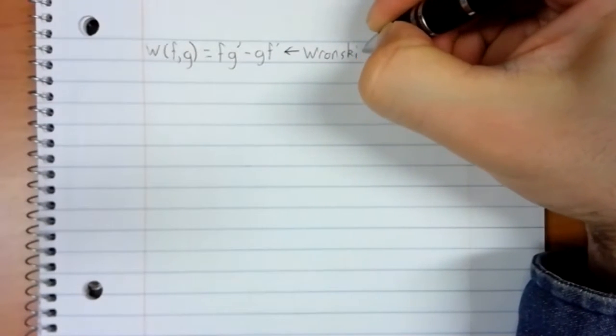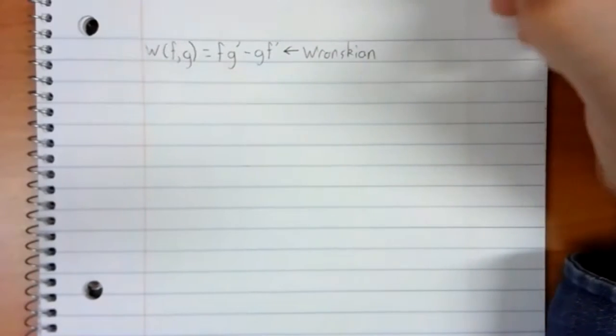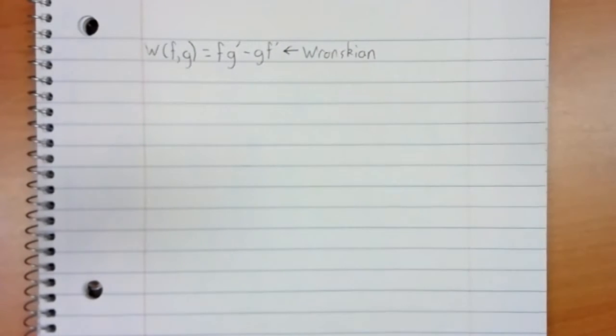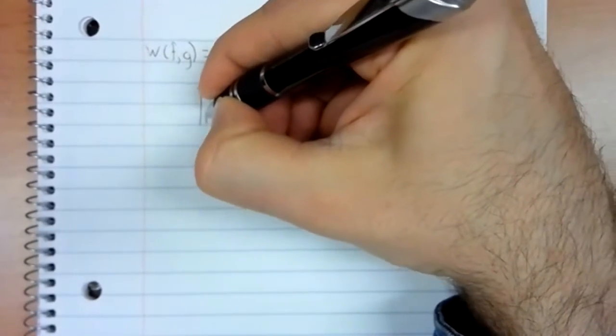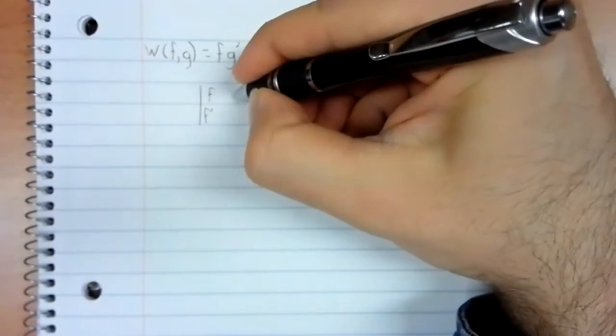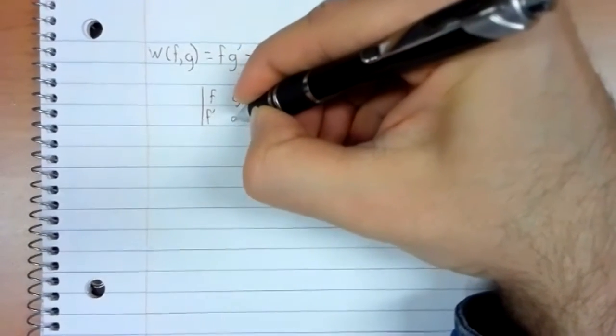Again, that's the Wronskian. We also use this vertical bar notation.